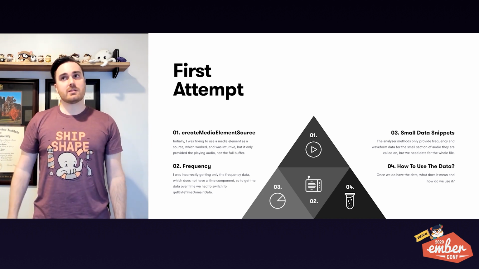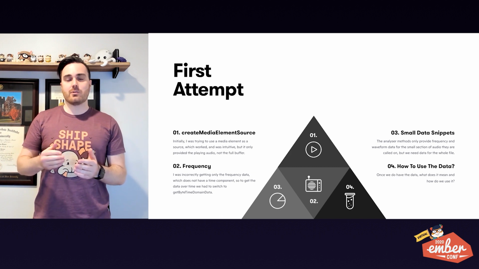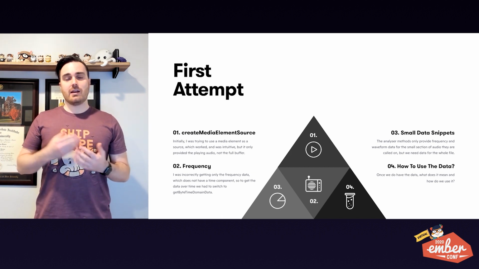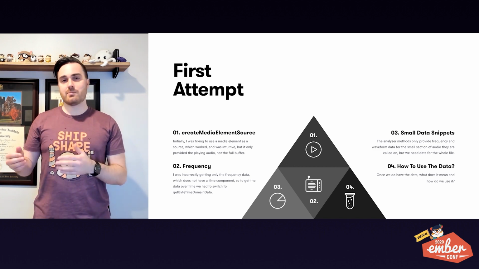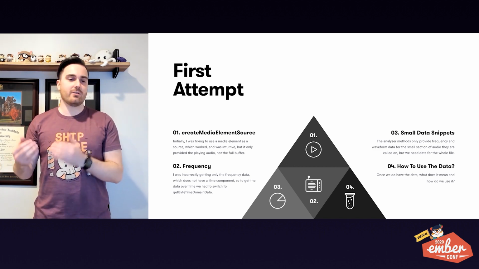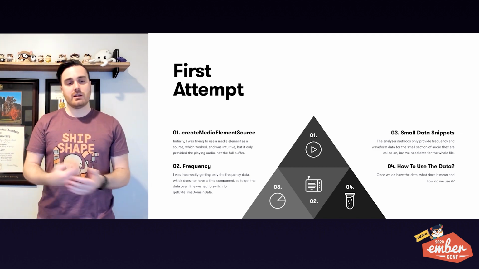The problem is it has to be playing when you use the methods on it, or it's not going to get any data. And you'd have to call it a whole bunch of times, make sure it's playing, start, stop, do a bunch of different stuff to get all of the data you actually need from the source.